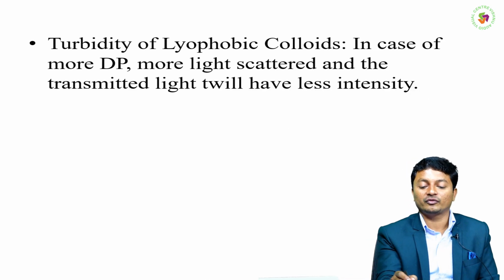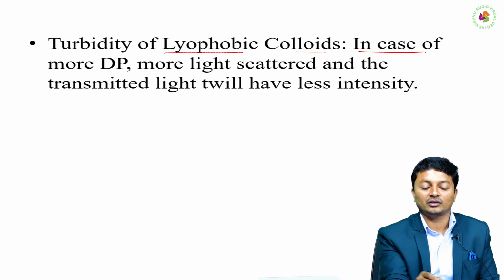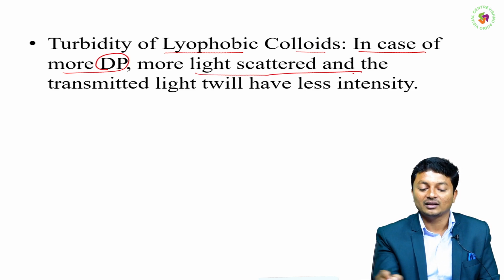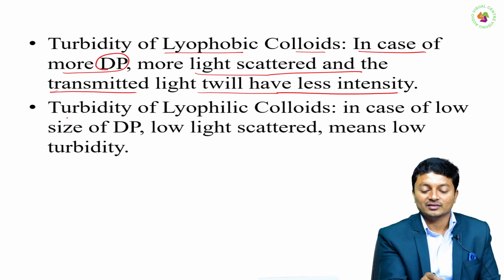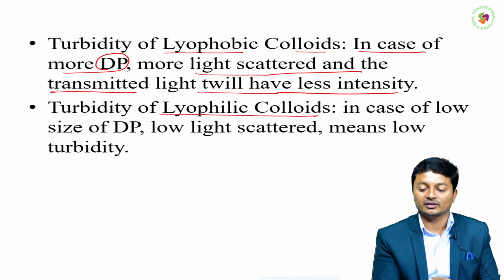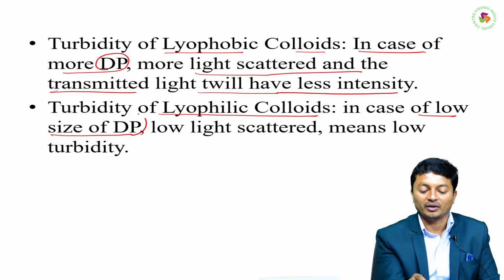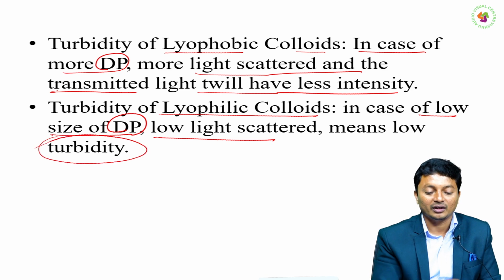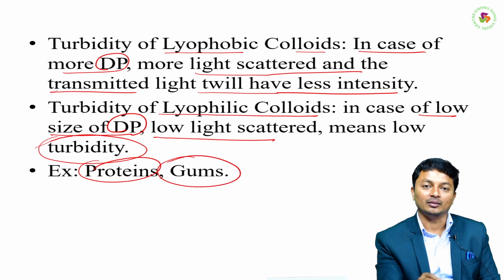For the turbidity of lyophobic colloids, in case of more dispersion phase, more light is scattered and the transmitted light has very less intensity. In case of lyophilic colloids, the size of the dispersion medium is low, so less light is scattered, that means low turbidity. Examples: proteins and gums.